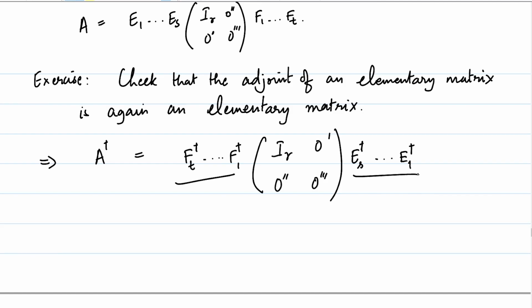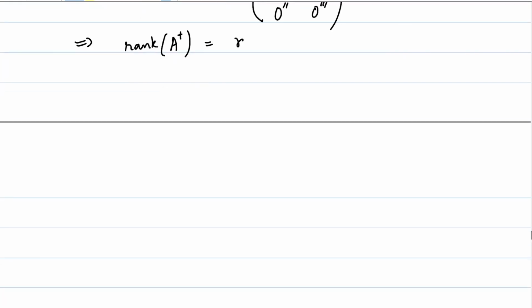And by the proposition from, I think, week 6, this implies that rank of the adjoint of A is equal to R. So effectively what we have concluded is that the rank of T for any linear transformation from V to W is the same as the rank of the adjoint of T.